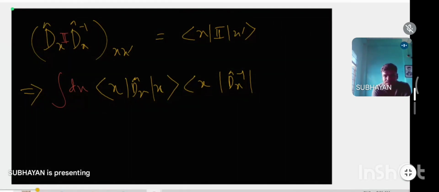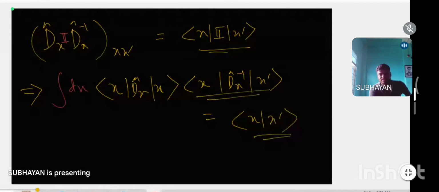So this is x prime. What is its value? The unity operator does not change anything. So this is x prime.